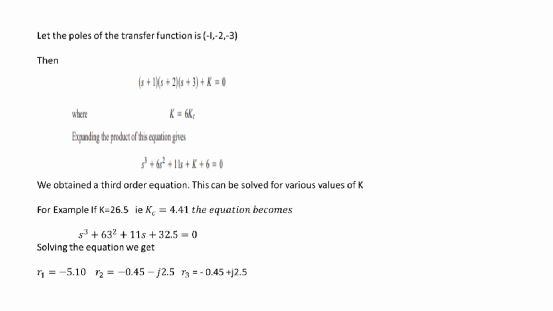R1 equal to minus 5.10. The second root R2 is equal to minus 0.45 minus j 2.5, that is a complex number. And R3 equal to minus 0.45 plus j 2.5. So here we have two complex roots and one real root.